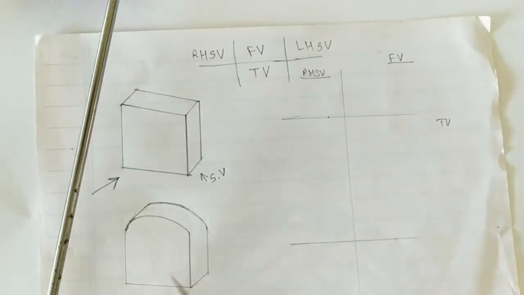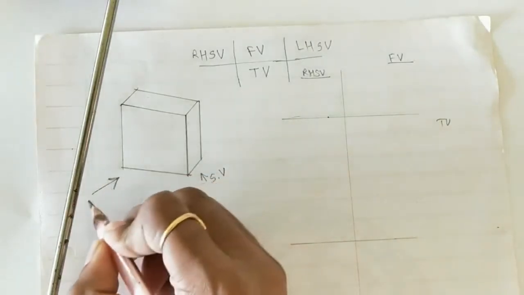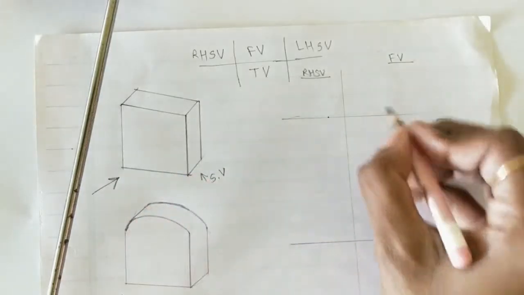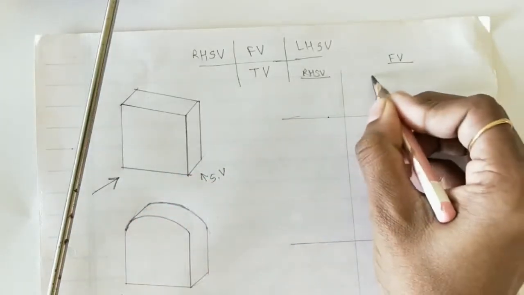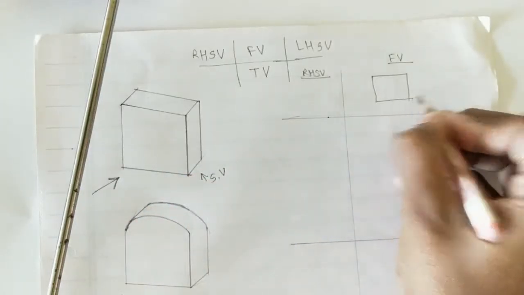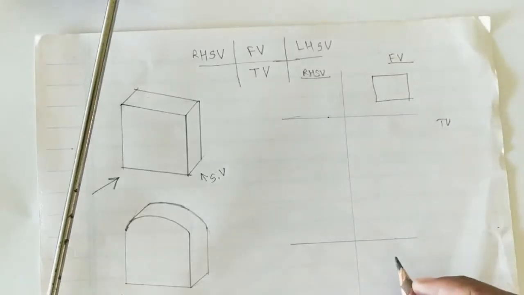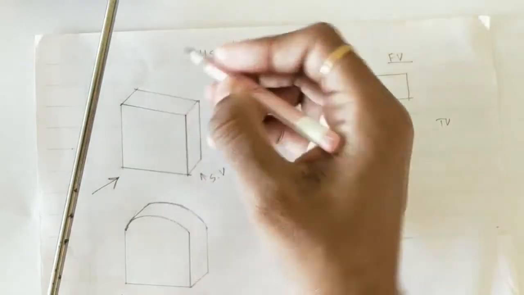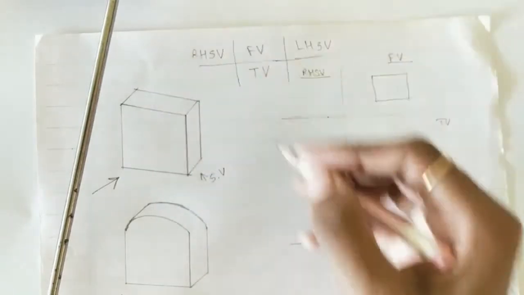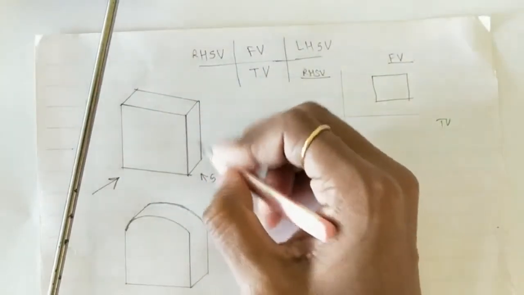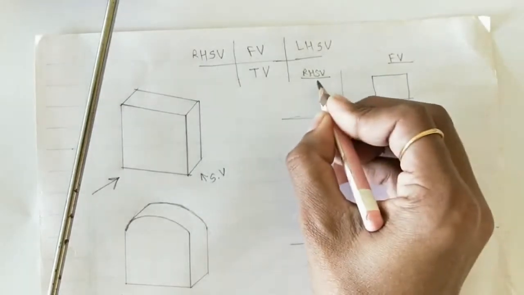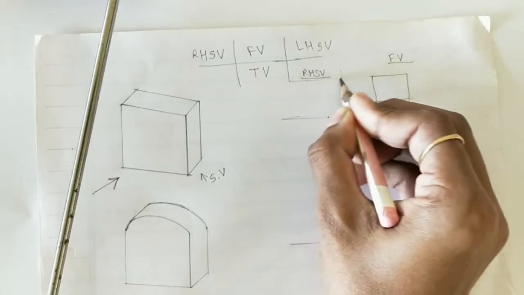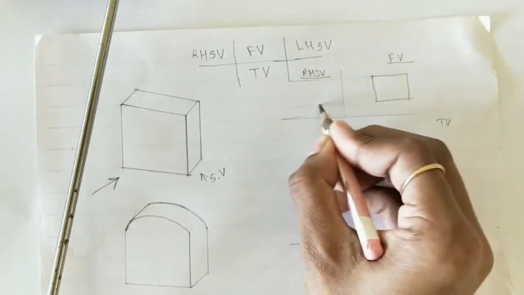So when you look from this direction for the front view, we will see the rectangle. For the top view we will also see a rectangle, and for the side view there is also a rectangle. For the side view, take directions from the front view.